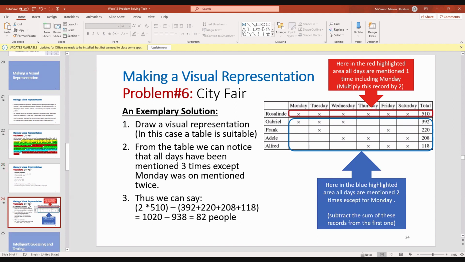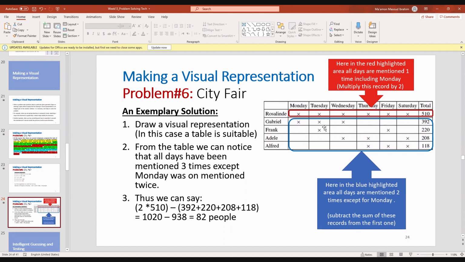In slide number 24 here we have, as you can see, Rosalinda, Gabriel, Frank, Adel, and Alfred. So we have Monday, Tuesday, Wednesday, Thursday, Friday, Saturday, and we have here the total. So we have added all the days mentioned and put X beside each day, and we put the total here.